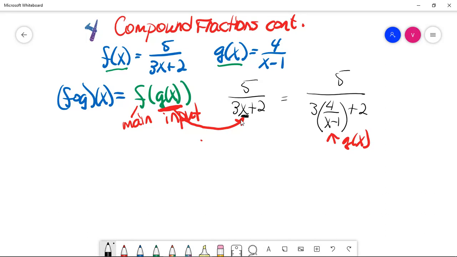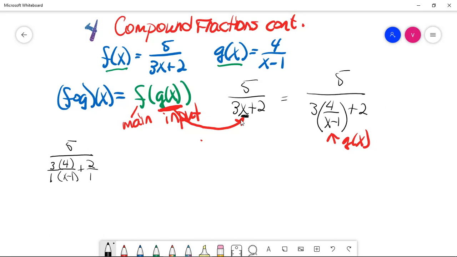All right, now it's fraction work. So this is what we need to master a little bit. I'm going to start over here, maybe a little tinier. So that 3 is the same as 3 over 1, so there's no doubt. And then 4 over x minus 1 plus 2 over 1.